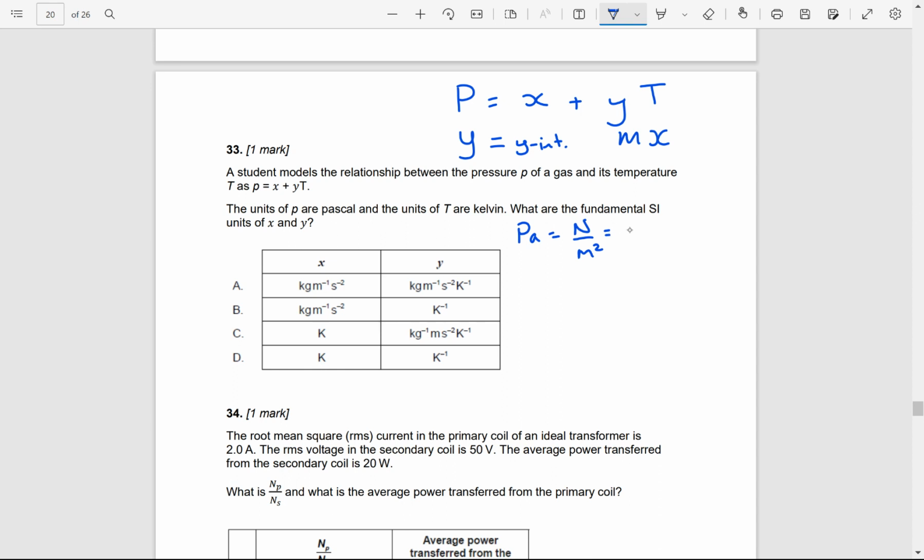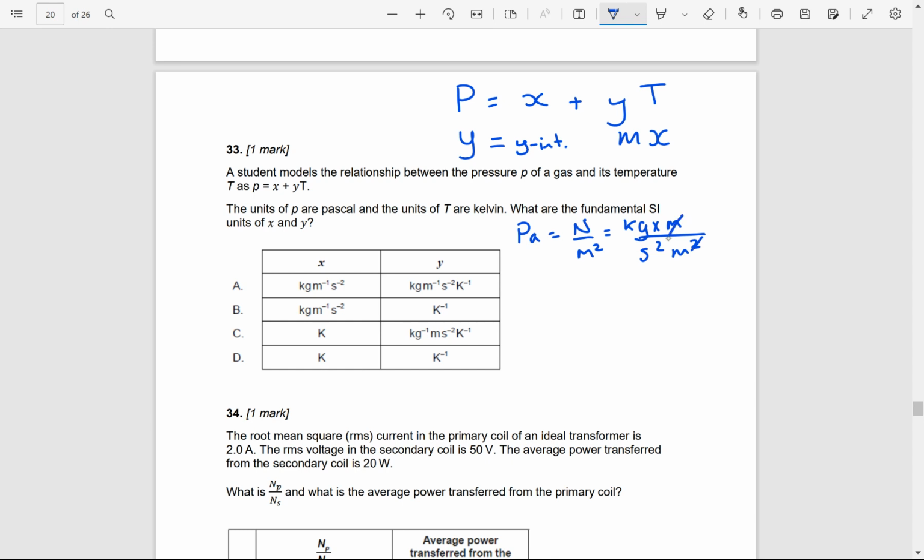But I'll work it through. So newtons is mass times acceleration. So I'm going to actually write it like this, and then meters squared, mass times acceleration.